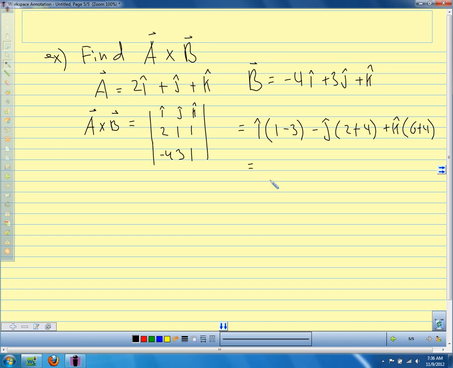So I get negative 2i minus 6j plus 10k. Did I do that right? Yep, that's right. So there's our cross product. I just used the determinant form and found our cross product.